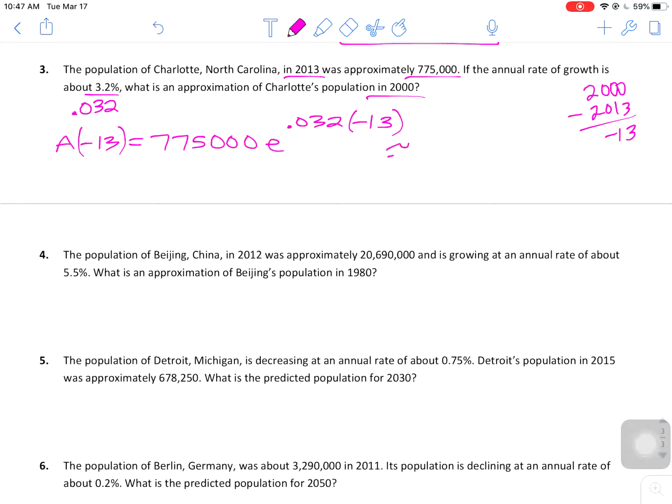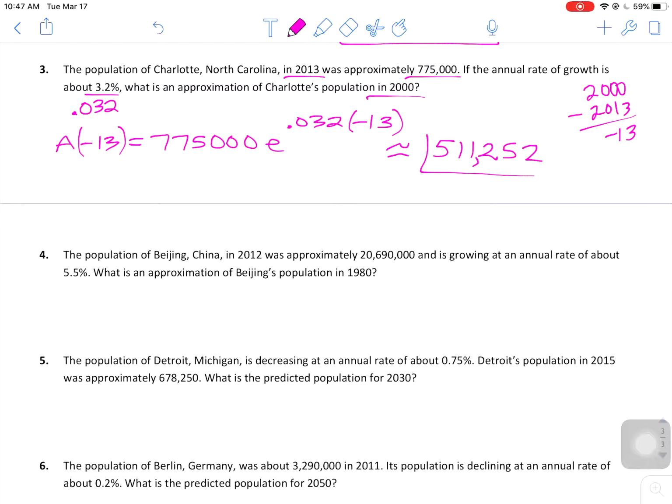Okay, so let's see if this answer actually makes sense. I think it will. And it was a 0.2, so I'm just going to leave it the same as opposed to rounding up. So, let's see. Does that make sense? 511,252.